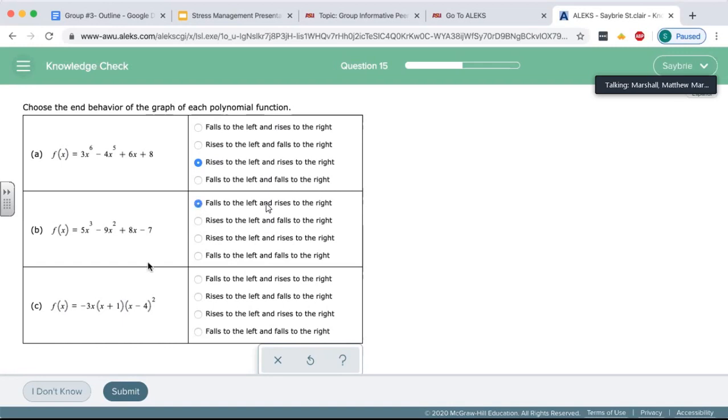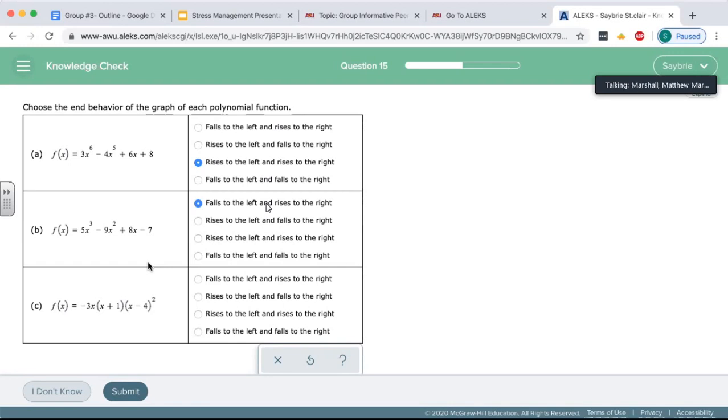Alright, and then one more. Let's type that in exactly. So negative 3x x plus 1 x.